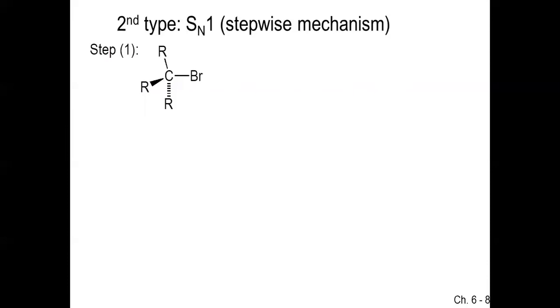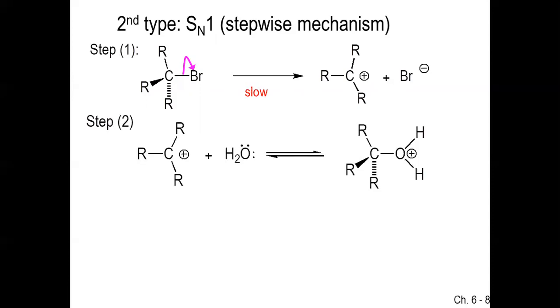So let us start one by one. We will go by the SN1 mechanism first, which is a stepwise mechanism. Step 1 of this mechanism is removal of the leaving group to form a carbocation, which is a slow step and rate determining step. Step 2 is attack of the nucleophile on the central carbocationic carbon, which is a fast step.